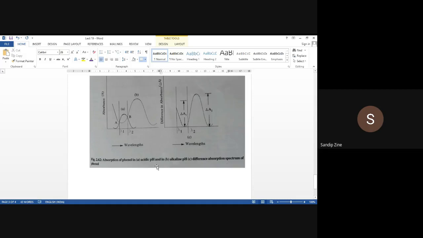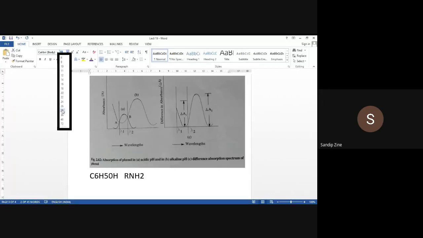Now we will talk about the figure we have just seen. Phenols or amines, now you know the structures: C6H5OH is our phenol, and another is RNH2.